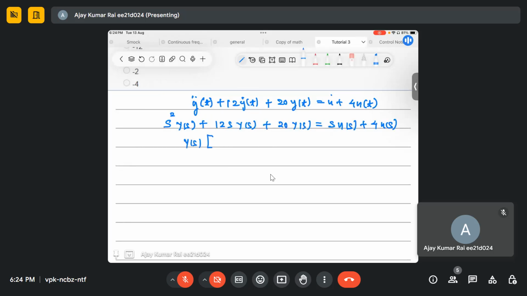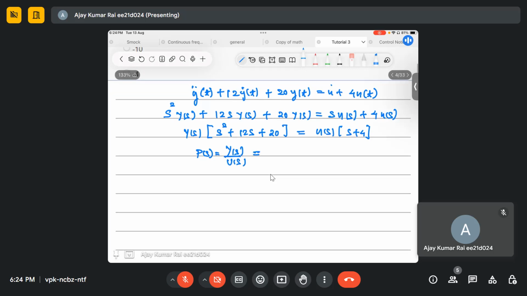Taking y of s common, it's s squared plus 12s plus 20 times y of s equal to (s plus 4) u of s. So what is the plant transfer function? Y of s by u of s, we call it p of s, with initial conditions equal to 0. So p of s equals (s plus 4) by (s squared plus 12s plus 20).